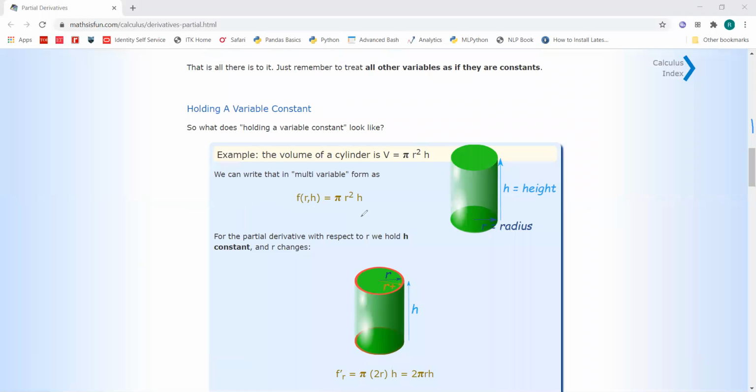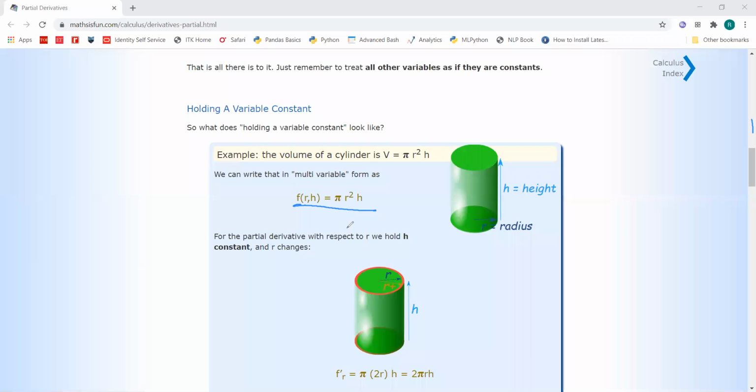Now here you see, this is the formula of the volume of, I think, a cylinder.